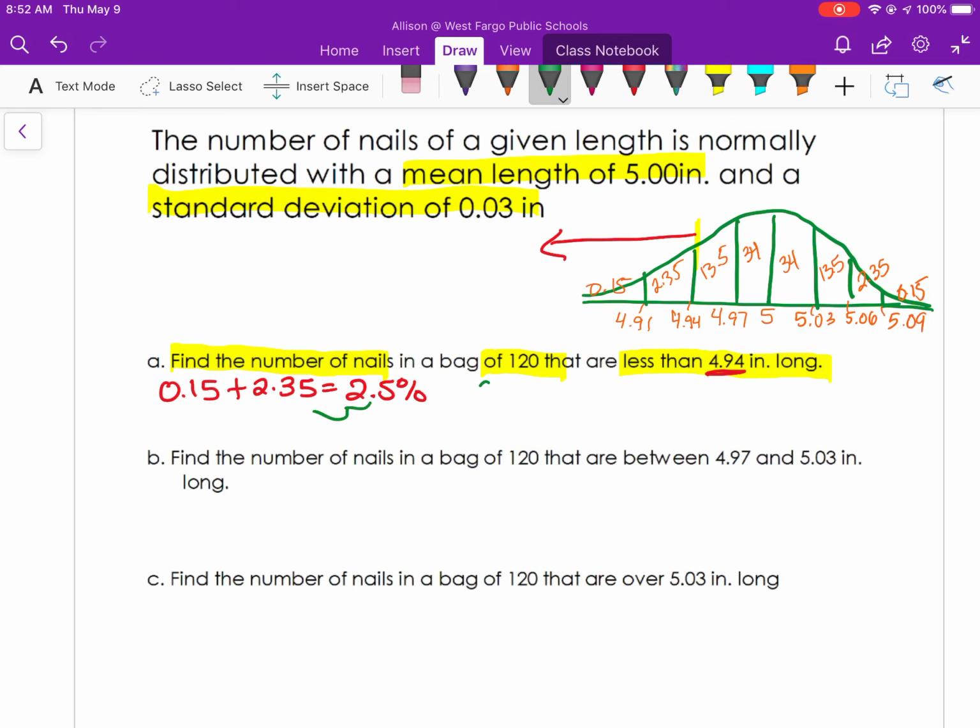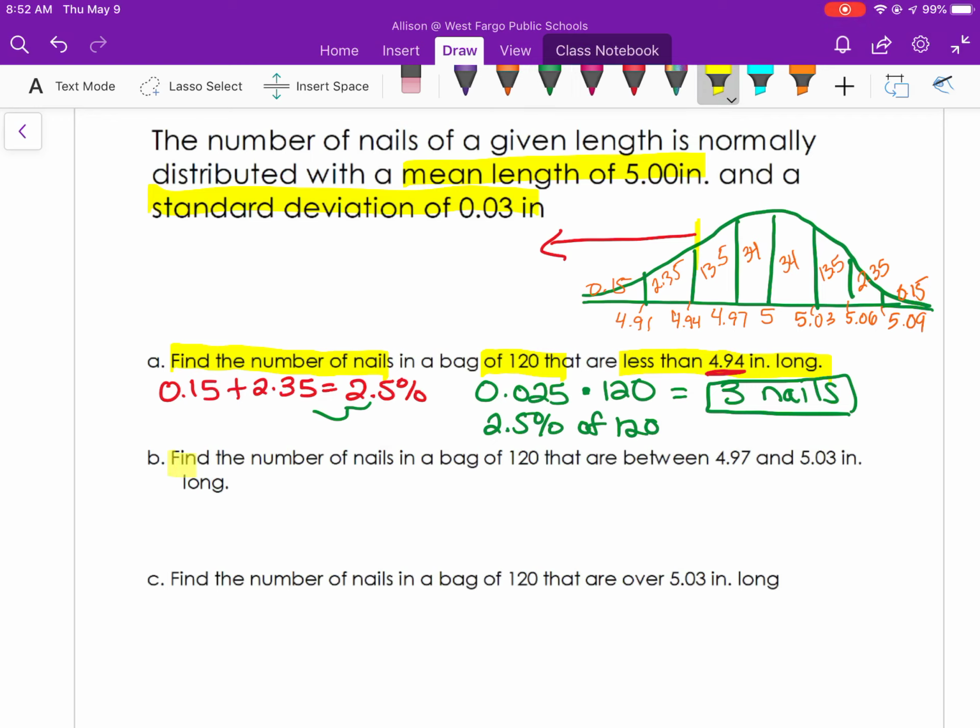Moving the decimal over 2 to the left would be 0.025. And then take that times 120. So I'm finding 2.5% of 120 nails. If I take that decimal times 120, I get 3 nails. So there's only 3 that are less than 4.94 inches long if the size of the nails are normally distributed.